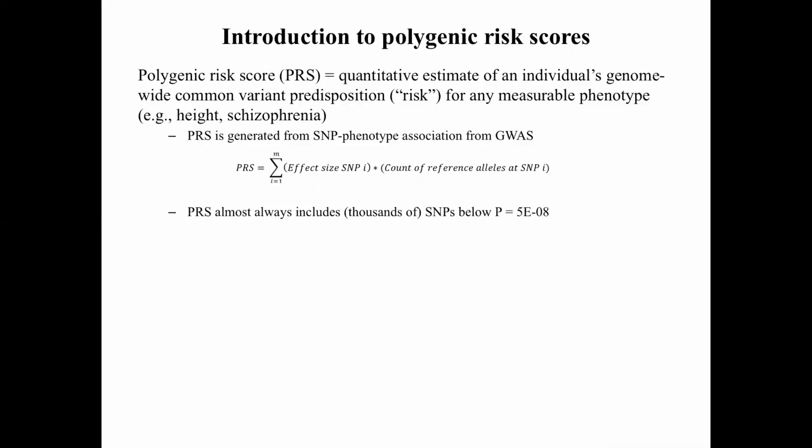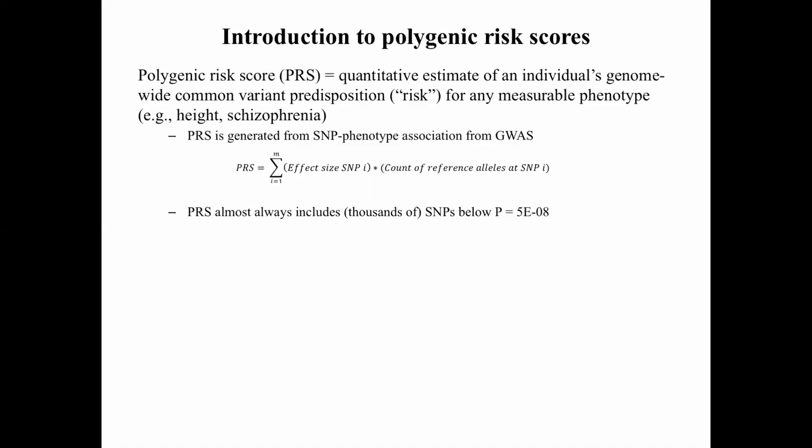So if you do a genome-wide association study for autism or for height, you get out an association between individual markers in the genome, or SNPs, and their association to the trait, such as schizophrenia or height.